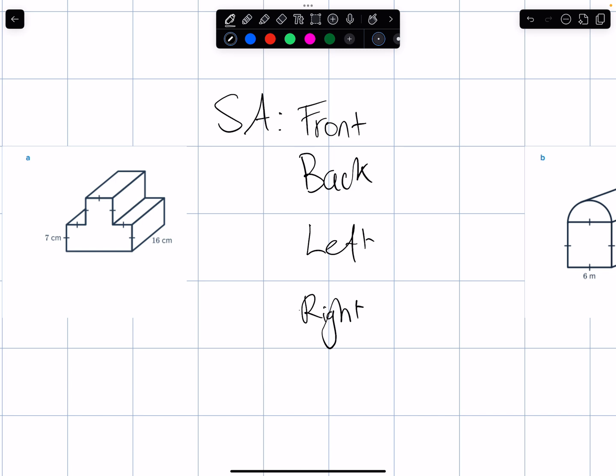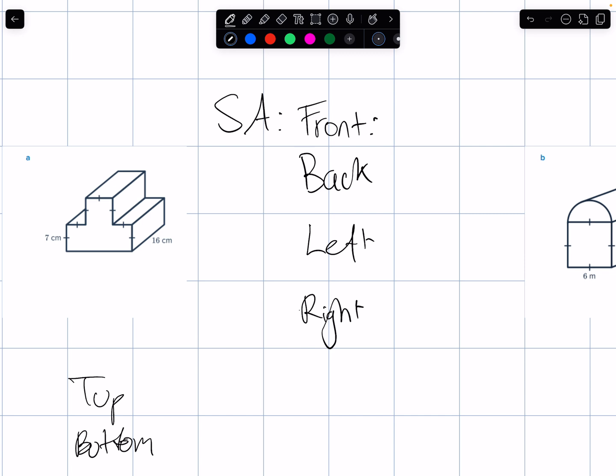Front, back, left, right, and then over here I'll do top and bottom. You've got six different ways you can look at the shape. And for a shape like this, that's actually quite handy. So let's talk about our front view.